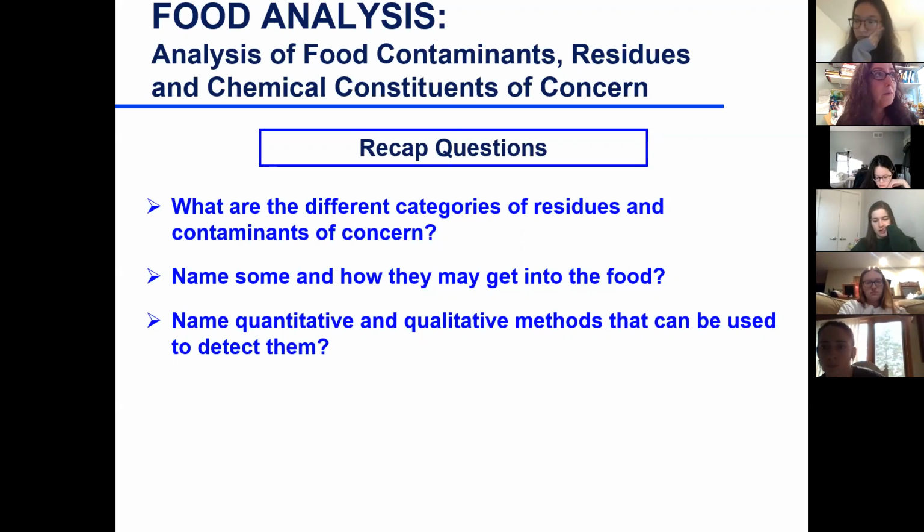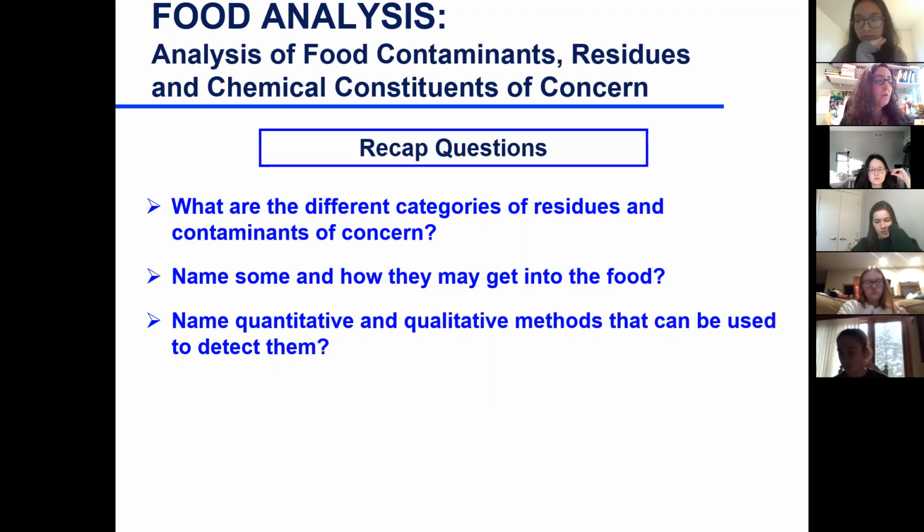Yes, Eliza. Immunoassays are common. A lot of the methods for these contaminants are usually chromatography, liquid chromatography and gas chromatography coupled with mass spectrometry. A lot of these components are determined that way for quantification. For qualitative, you can do thin layer chromatography.